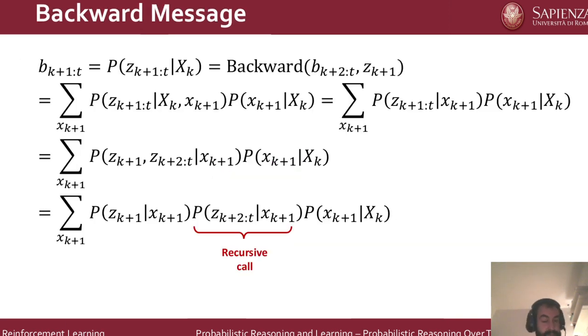So how do we do this? We are now trying to compute the probability of observations from k plus 1 to t, so from Wednesday to today, given the state on Wednesday, which we are trying to estimate.